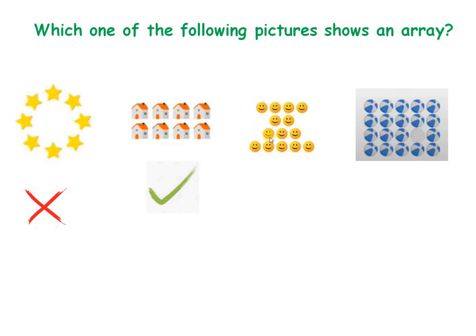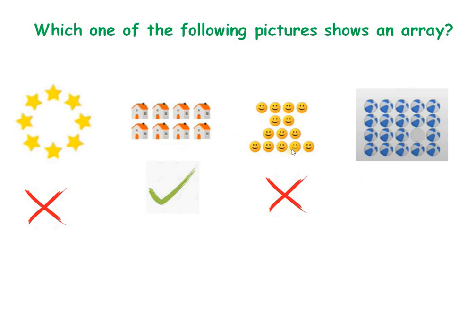And let's have a look at the third row. 1, 2, 3 smiley faces. For this to be an array, there have to be 4 smiley faces in each row. And there are not. So this is not an array.